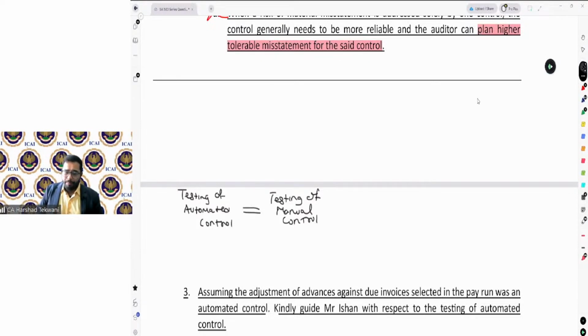Are both tested the same? Like I'll take 25 samples here and 25 samples here to test. What do you think? Do I test automated controls in the way that I test manual controls?